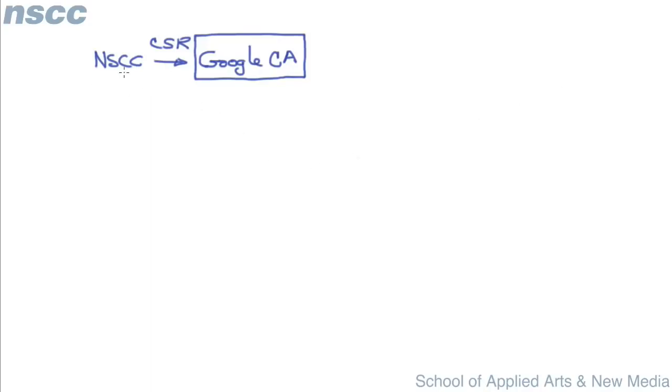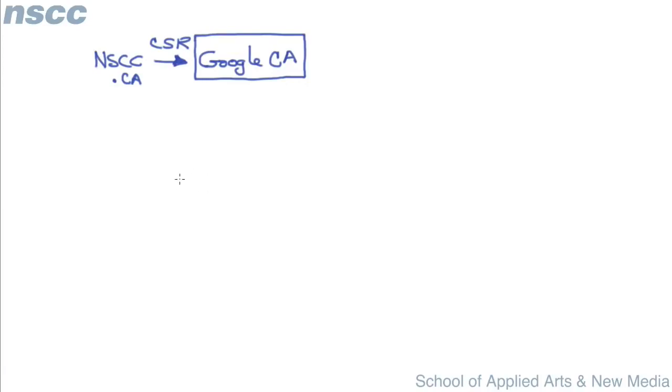So let's suppose we have our website nscc.ca and it wants an SSL certificate. So it's going to make a CSR, certificate signing request, and it can make that to an intermediate CA. And let's suppose we go to Google CA, which is an intermediate CA.